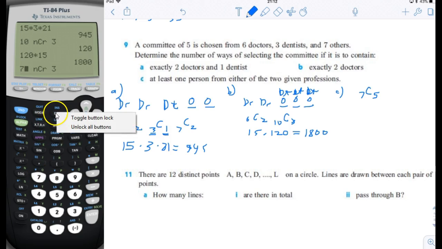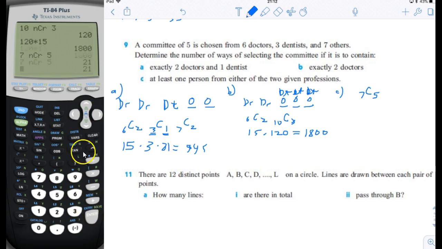7 chooses 5. And we get 21. So we just need to subtract this from the total number of ways of getting any number of people on the committee, and basically from 6 doctors, 3 dentists, and 7 others, we know there's 16 total people.